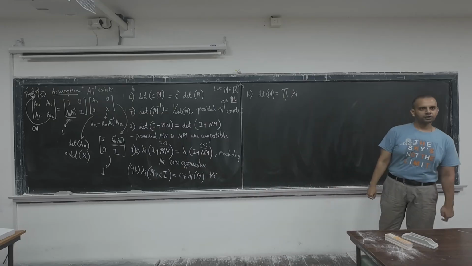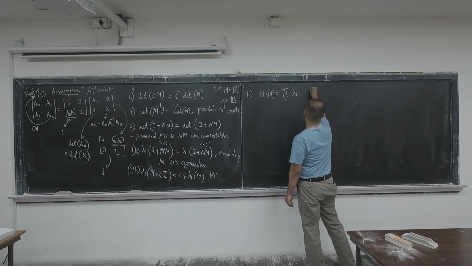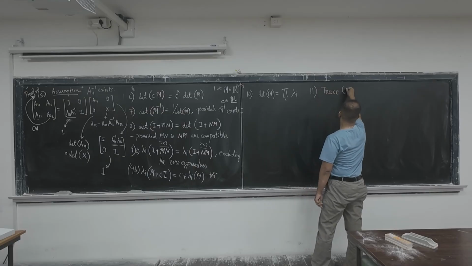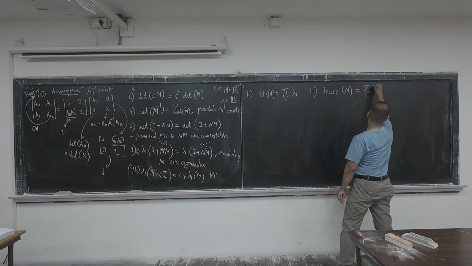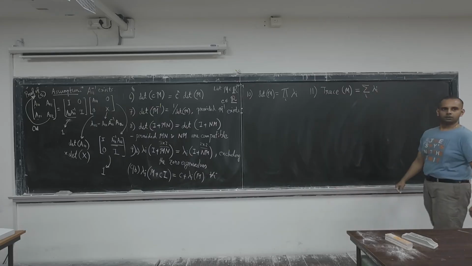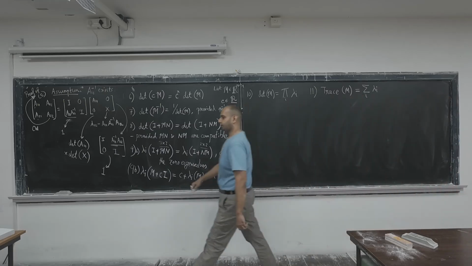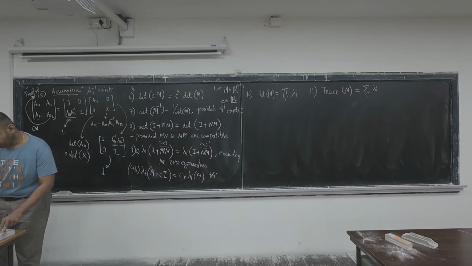Right? The determinant of a matrix is the product of all the eigenvalues, right? And the trace of a matrix is the summation of all the eigenvalues. Okay. Now check the other properties of the eigenvalues. Page 514.